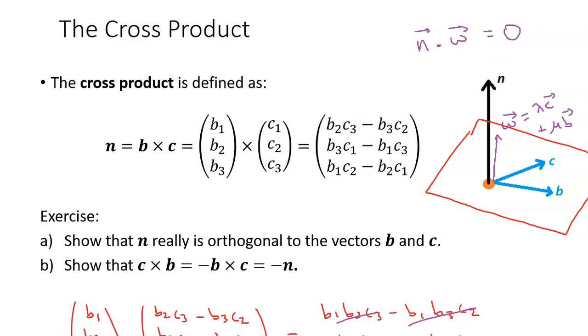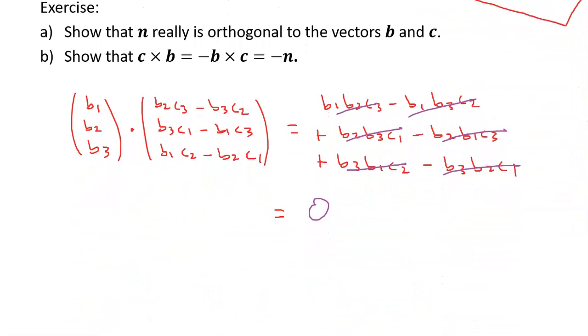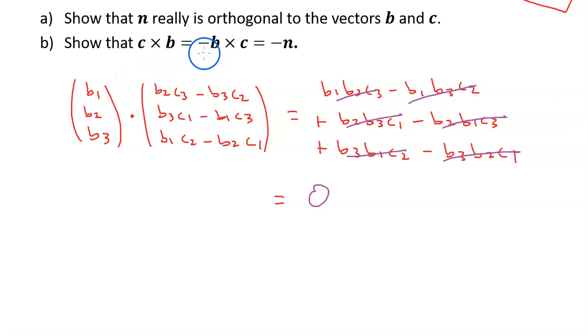So we get 0. Alright, the second part was to show that C cross B is equal to negative B cross C, which is equal to negative n.